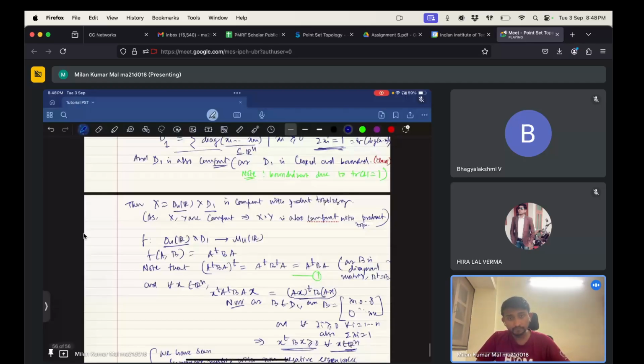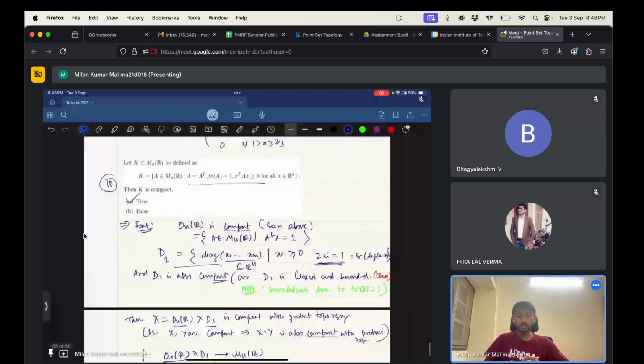Here I have taken X as the set which is the product of orthonormal O_n(R) cross D1 with product topology, and that is compact. And I am defining a function f from O_n(R) cross D1 to M_n(R) this way.